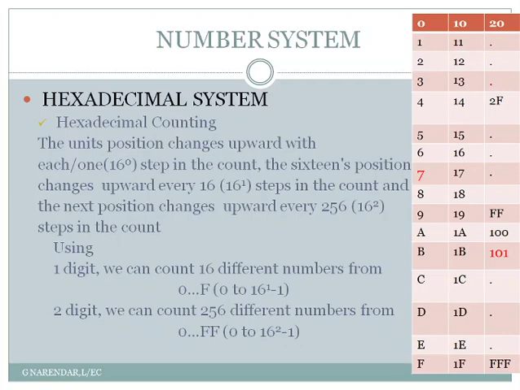We can count the next 256 counts. FF represents 255 when we take the decimal equivalent, so we can count from 0 to 255 by using only two digits in the hexadecimal system, as 00 to FF.